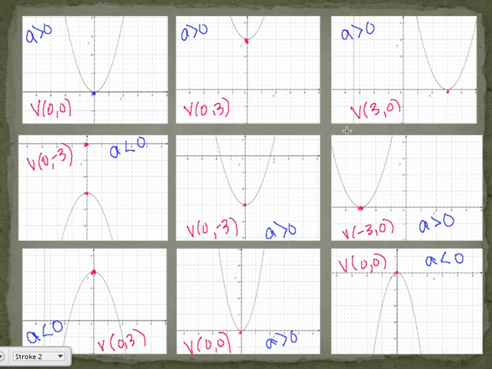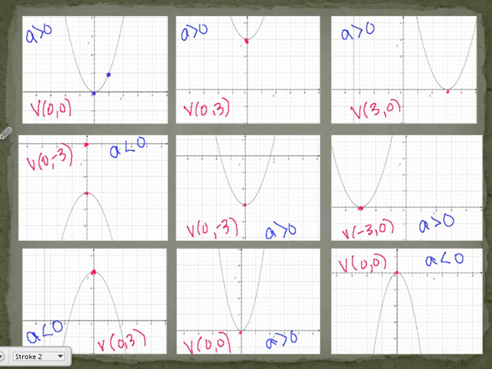In every one of these 9 examples, the axis of symmetry is x equals 0, in other words, the y axis. So what I would like to do is show you how I am able to figure out what a is equal to by just looking at my vertex and the very next point right after it.